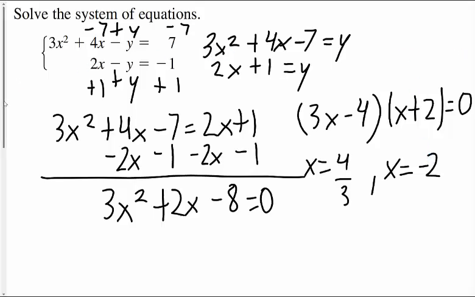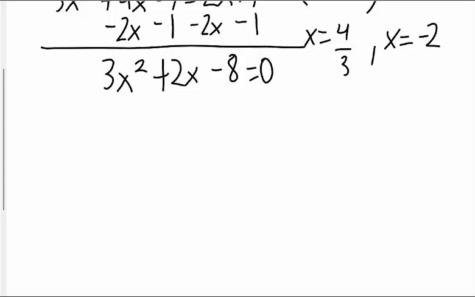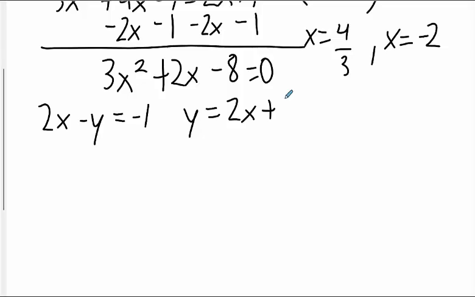Let's plug that into our second equation, 2x minus y equals negative 1. So let's start with 4/3. Let's remind ourselves of that equation. Actually, I prefer the form y equals 2x plus 1. Makes it a little easier.